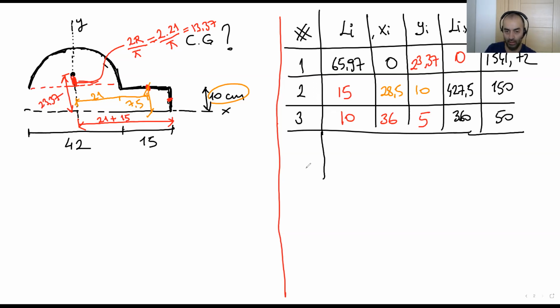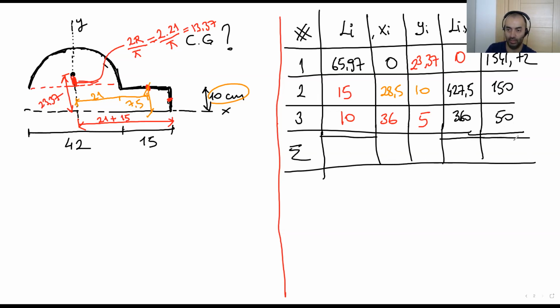Okay. This is the last part. Summation. This one, and this one is important for us. The total length is coming from here, and total L times xi, and here.